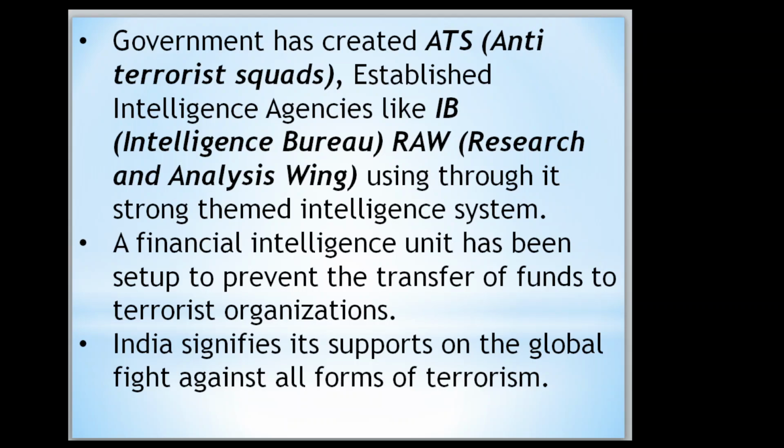The government has created ATS, anti-terrorist squads, and established intelligence agencies like IB, Intelligence Bureau, and RAW, Research and Analysis Wing, using its strong intelligence system. A financial intelligence unit has been set up to prevent the transfer of funds to terrorist organizations. India signifies its support for the global fight against all forms of terrorism.